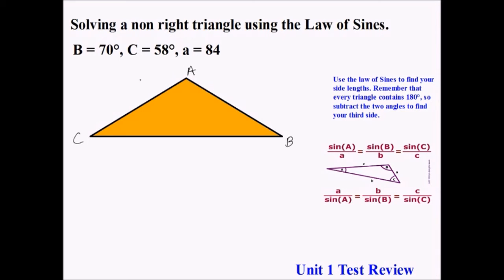And we know that this is 70. We know that this is 58. And we know that little a is 84. Okay, so across from the angles, this is little a, little b, and little c.